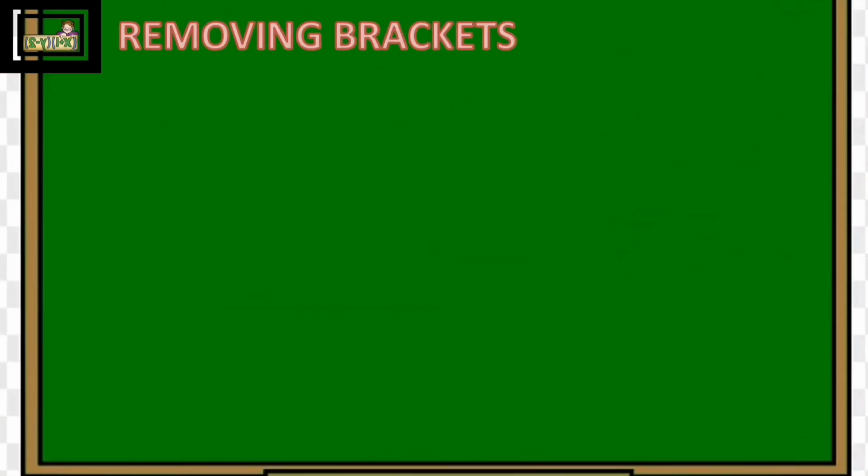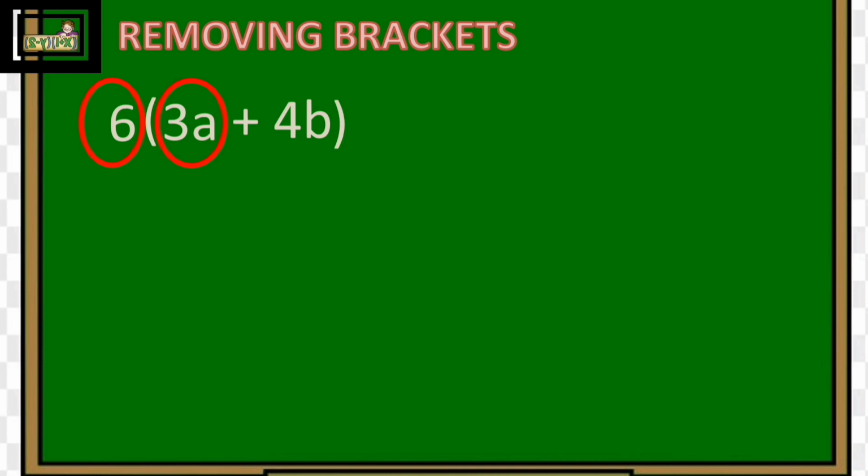Alright, it's time to learn how to remove brackets from algebraic expressions. If you're asked to remove the brackets in 6 times 3a plus 4b, use the term outside the bracket to multiply each term inside the bracket.